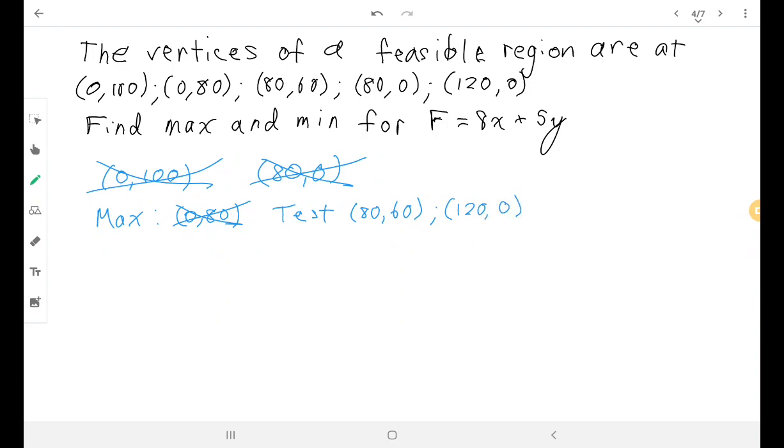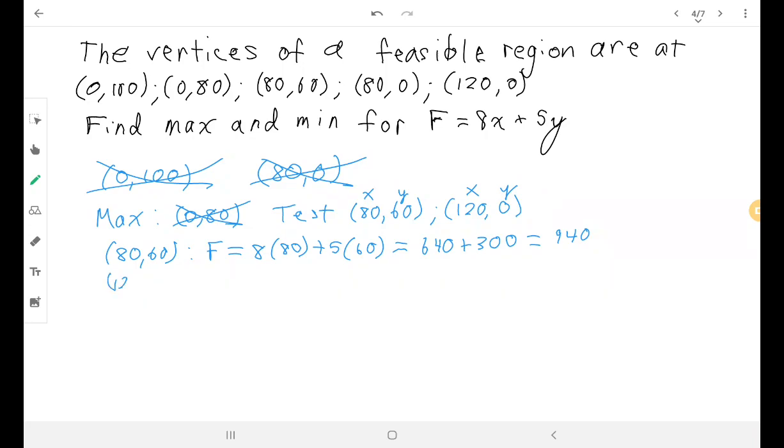Here's the X, here's the Y, and so when I test 80, 60, I'll say F equals 8 times 80 plus 5 times 60, and I'll just do the arithmetic and get an answer. 8 times 80 is 8 times 8 with a 0 on the end, so it's 64, add a 0, so 640. 5 times 6 is 30, add a 0 on the end, so that's 300. So I get a total of 940 for that one.